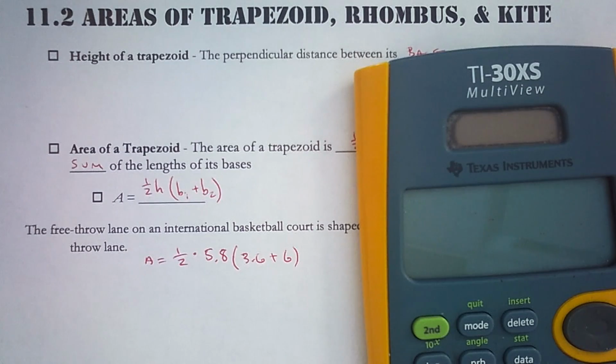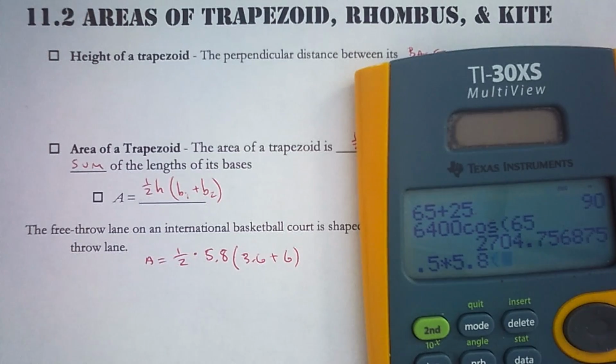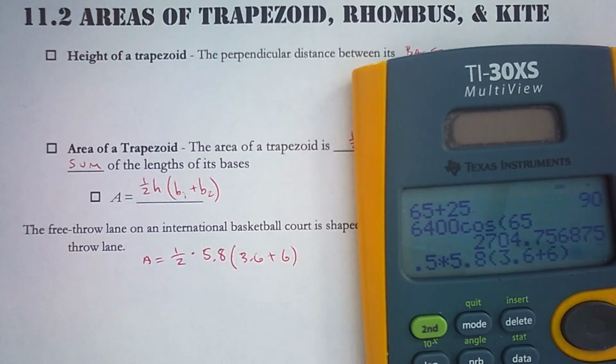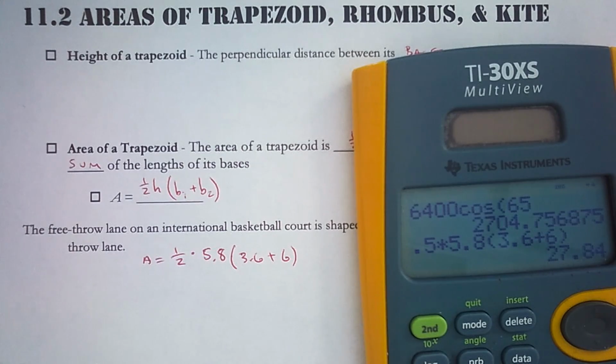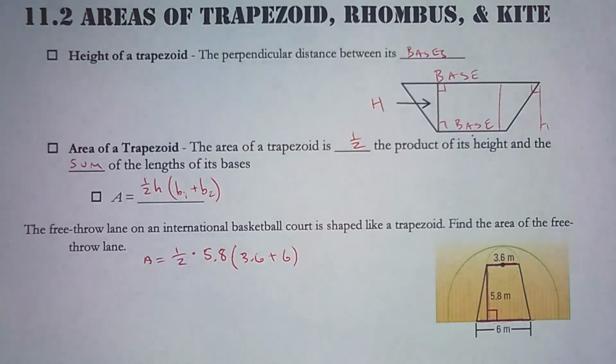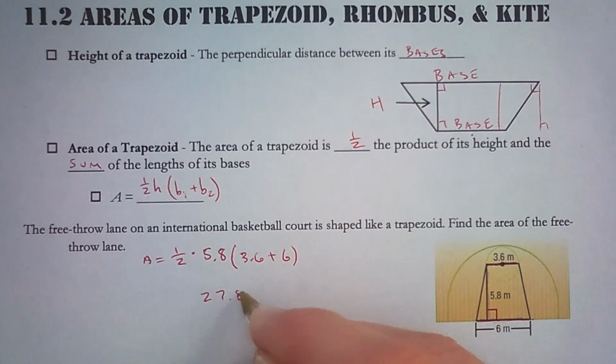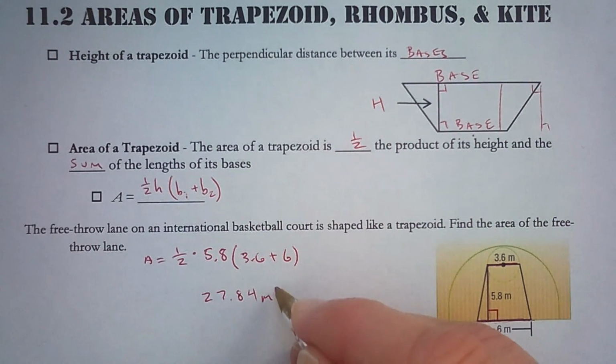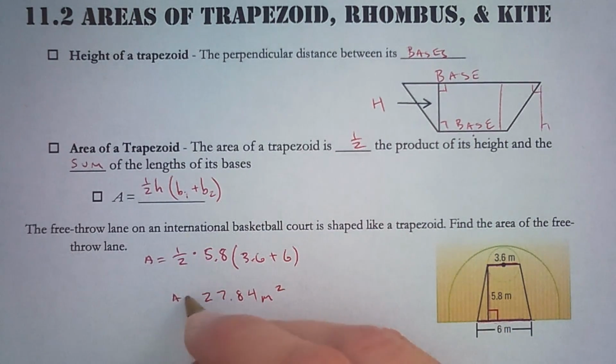Okay, so 0.5 times 5.8 times 3.6 plus 6. 27.84. So the area of this free throw lane is 27.84 meters squared.